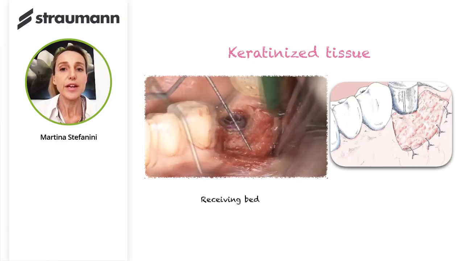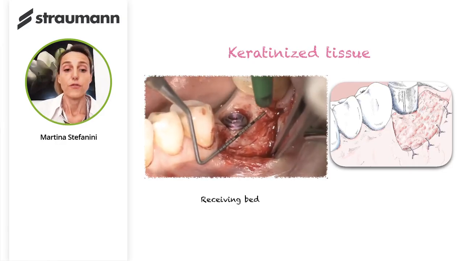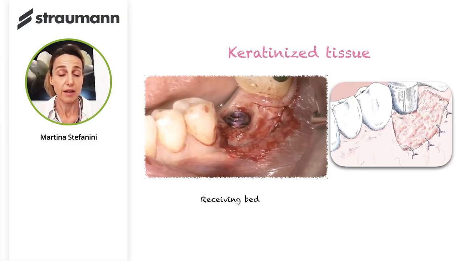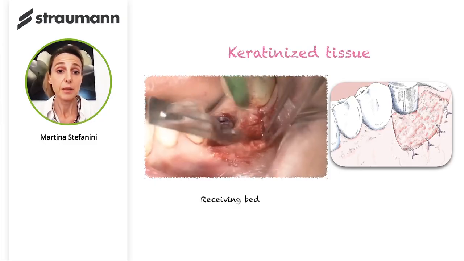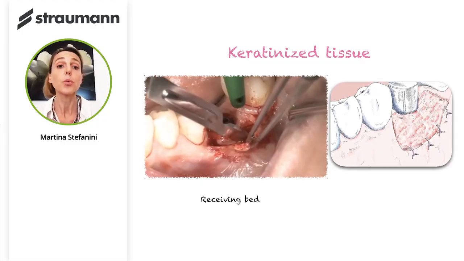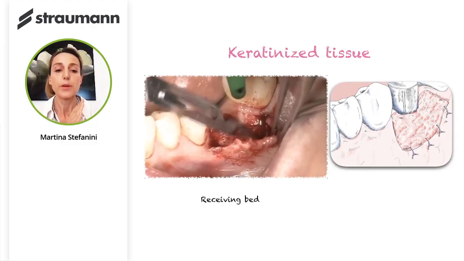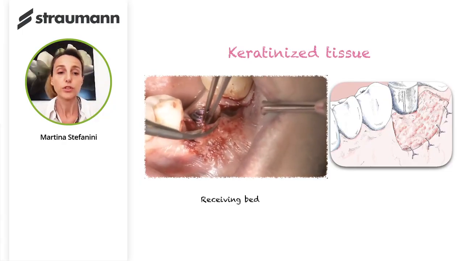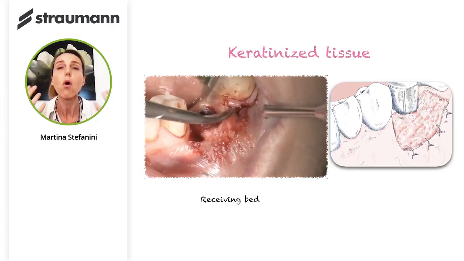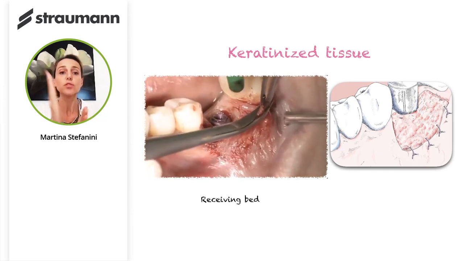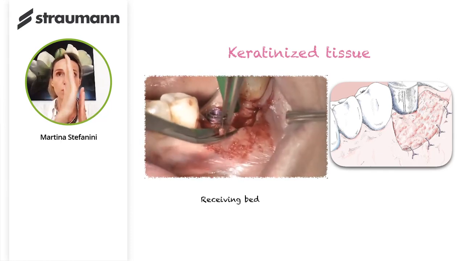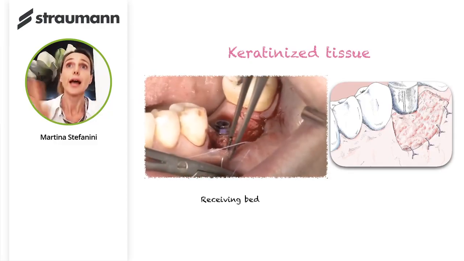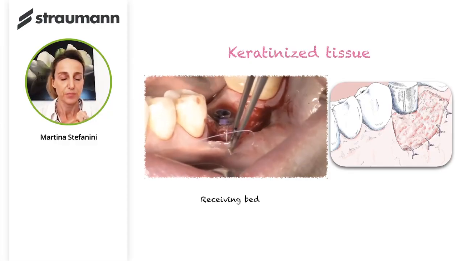When we prepare the recipient bed for the free gingival graft, we have to prepare an area which is 6 mm wider than the implant width, with a split thickness incision in order to completely remove all muscle insertions, because we want to create a periosteum area without any muscle insertion, to which we will adapt the free gingival graft.